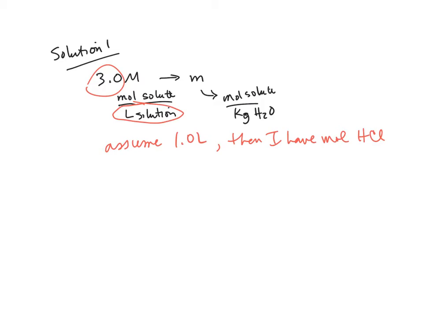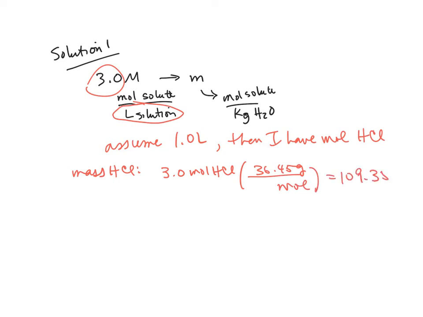Now you can go to the mass of HCl using molar mass. So that one will be 3 moles of HCl. Use the molar mass 36.45 grams per mole. 109.35 grams HCl. Okay, next thing you can do is get the mass of the solution.